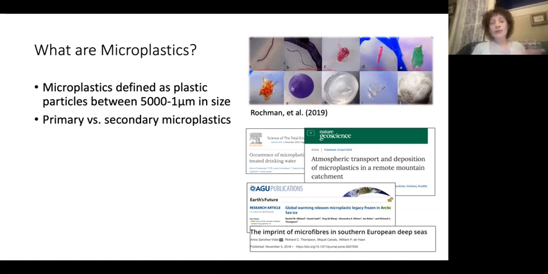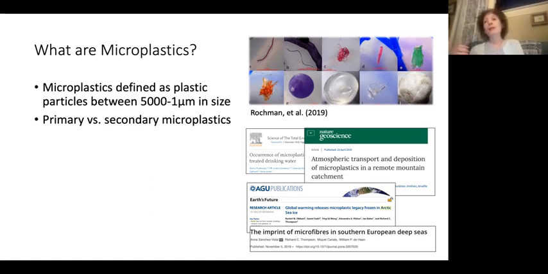There are primary and secondary microplastics. Primary are the beads that they used to put in a lot of cosmetics for exfoliation purposes. They're also still added to lots of other products, industrial sort of abrasives that are used to break up pavement. Microbeads are added to some kinds of paint. Those would all be considered primary microplastics, whereas secondary microplastics is basically everything else, or mostly everything else.